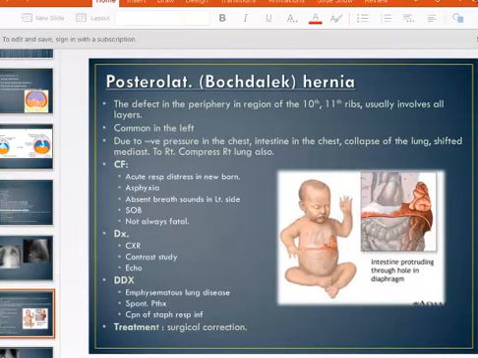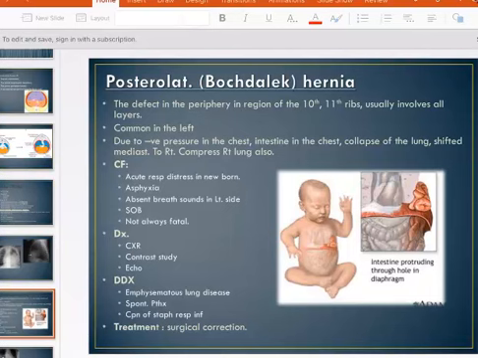Due to the negative pressure inside the thoracic cavity and positive pressure inside the abdomen, all the organs of the abdomen will be shifted to the chest.